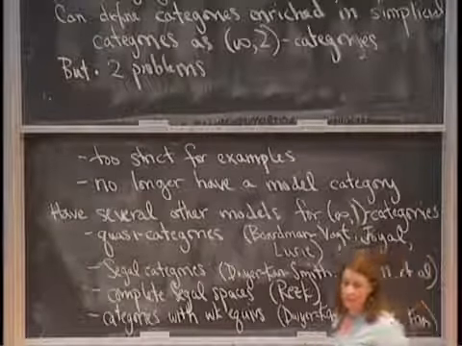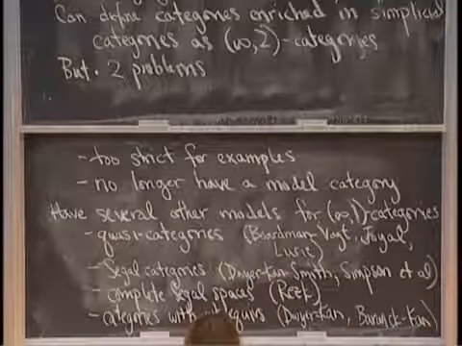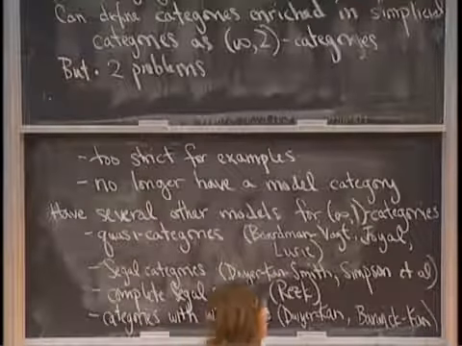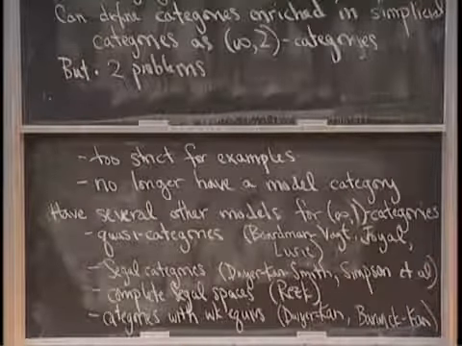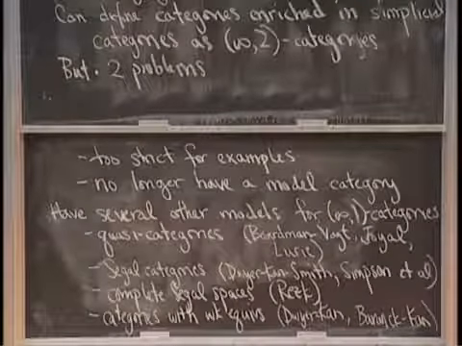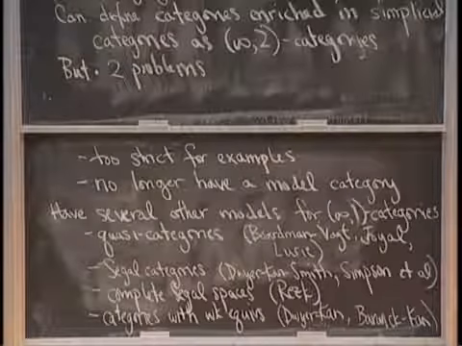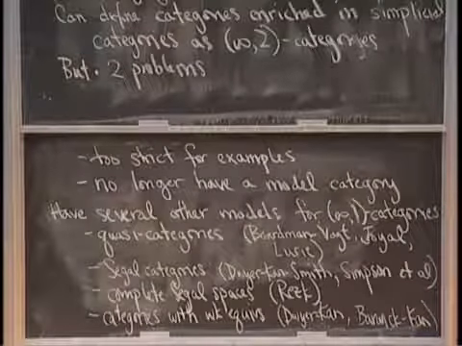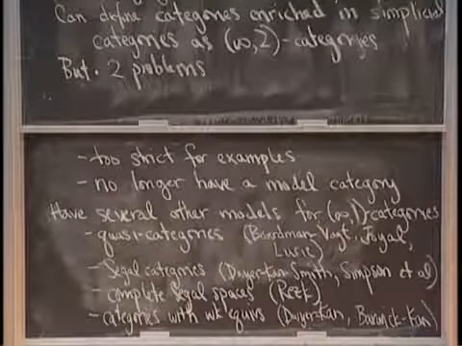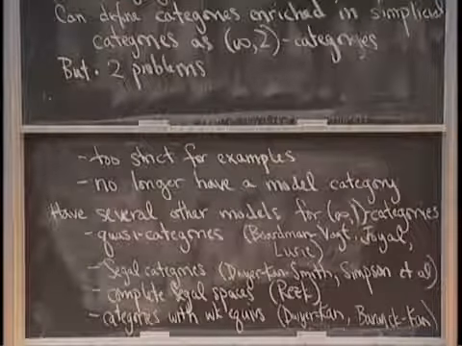Okay, now, I don't have enough time to go into all the details of all of these, so I'm going to kind of take one path that will hit some of these models and talk about how we can upgrade them in nicer ways than what we have described up here to models for infinity n categories.